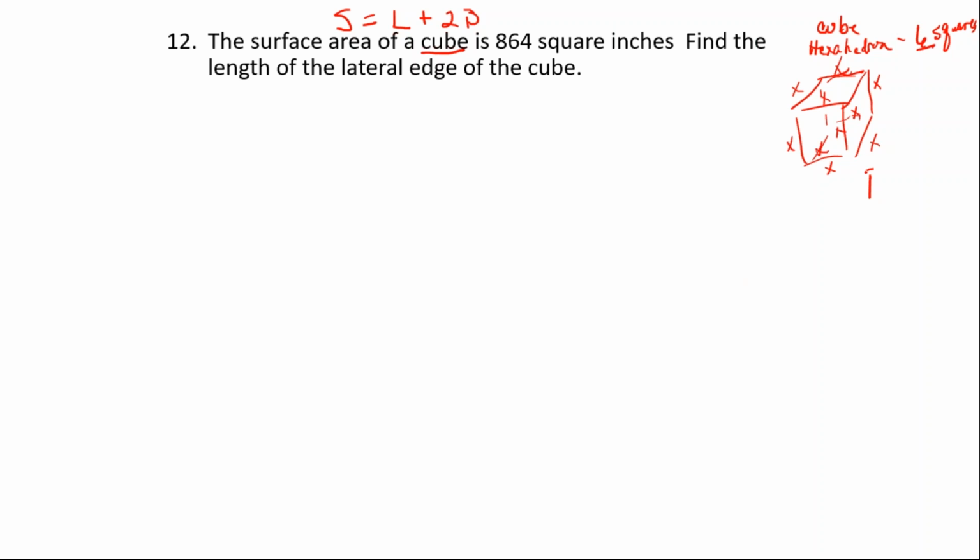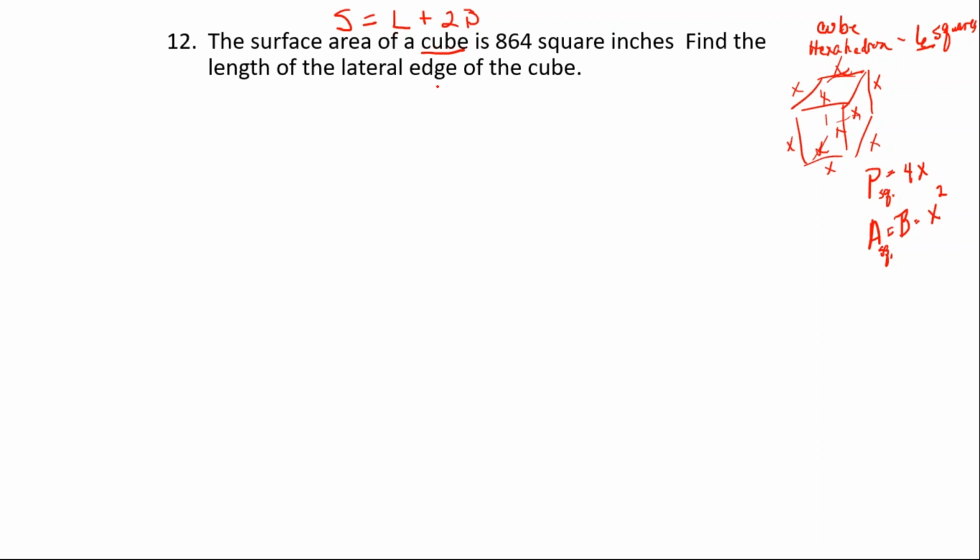So perimeter of a square is 4 times X in this case. Area, which is the area of a square, which in this case is my base, is the side squared, or X squared, since I used X for the variable.